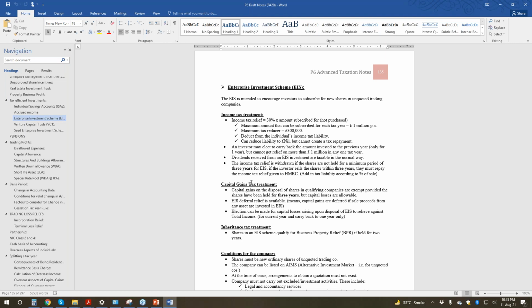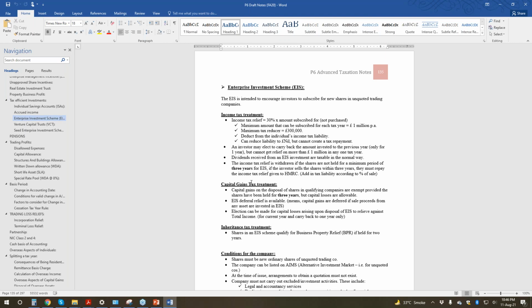The first is, whatever amount you invest in EIS shares, you will get a tax reducer of 30% of that amount. For example, if you have invested 100,000 in EIS shares, you will get 30%, that is 30,000, as a tax reducer.